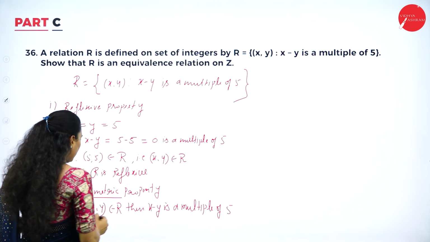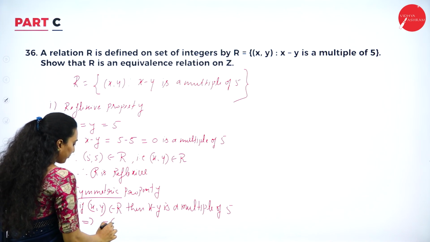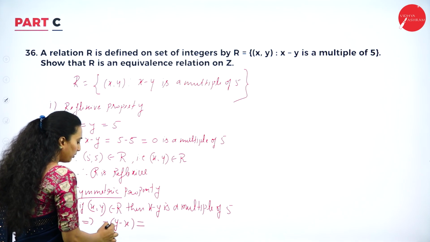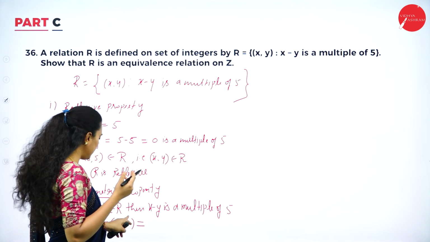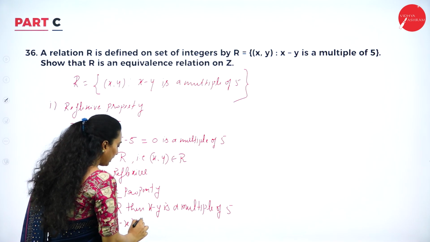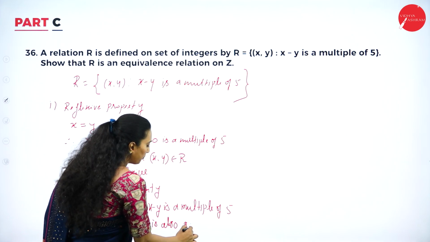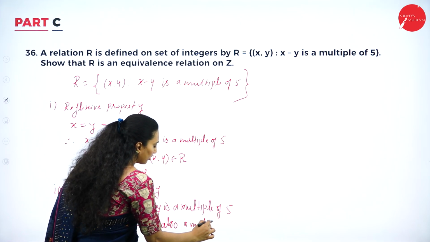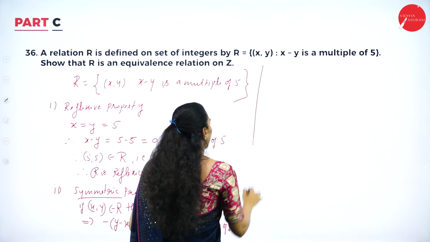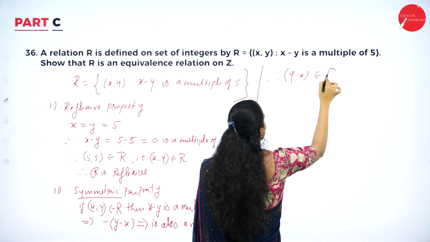So, this implies minus of (y minus x), again x minus y only, is also a multiple of 5, correct? Therefore, (y, x) belongs to the relation.